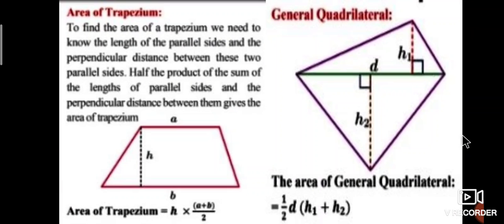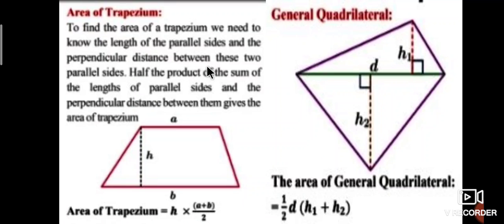Okay, next we are discussing the area of a trapezium. To find the area of a trapezium, we first need to know the lengths of the parallel sides and the perpendicular distance between these two parallel sides.